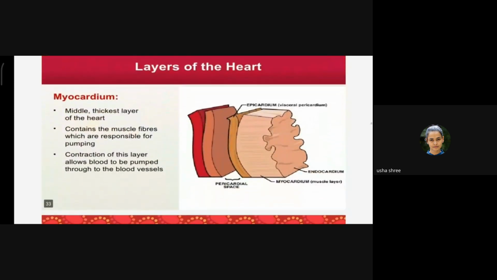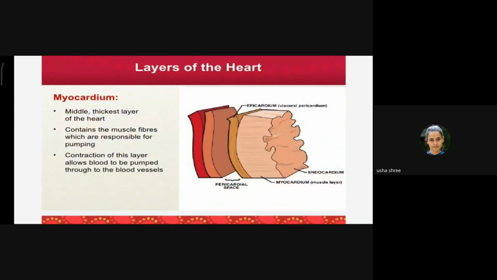Behind this epicardium, myocardium is present, the second layer of the heart wall. It is the middle and thickest layer of the heart. It contains muscle fibers which are responsible for pumping, for the force and pressure created by the heart.